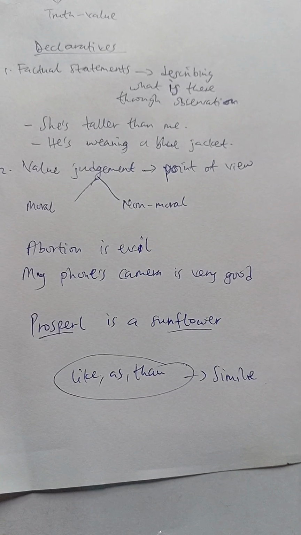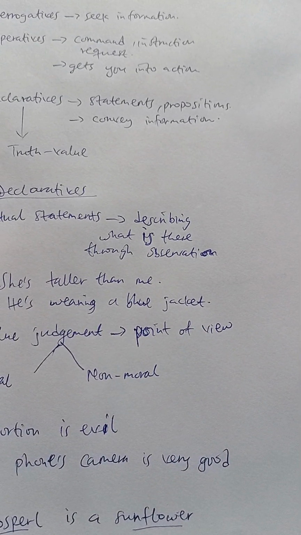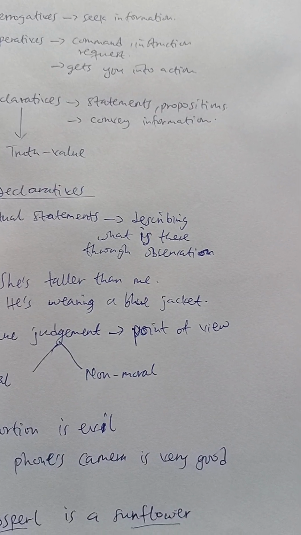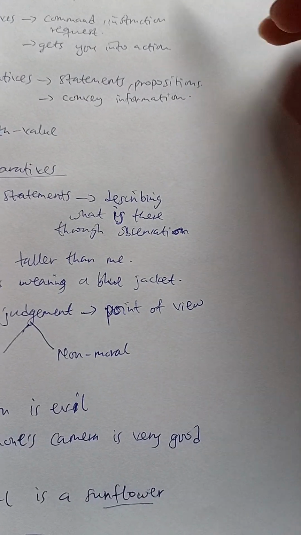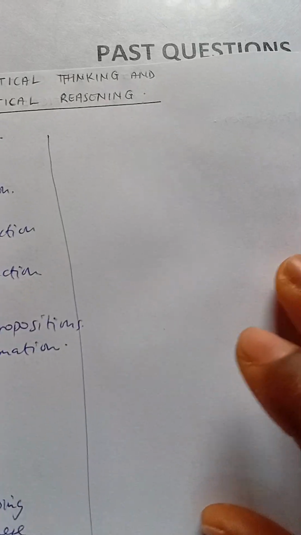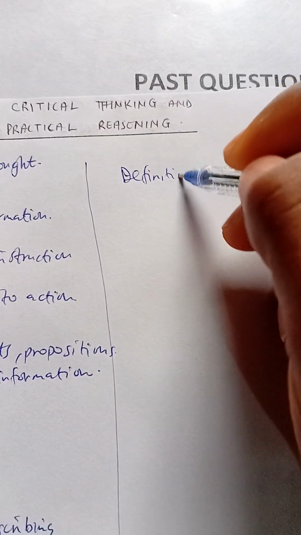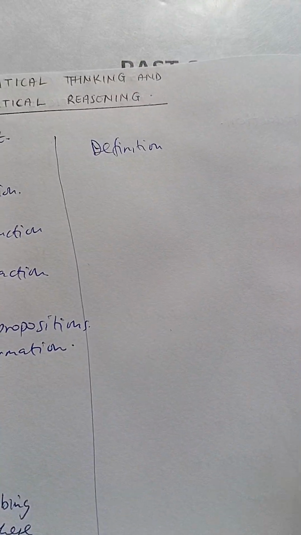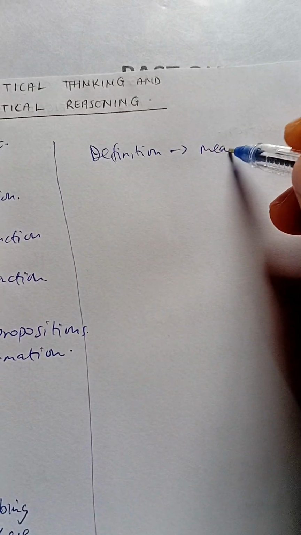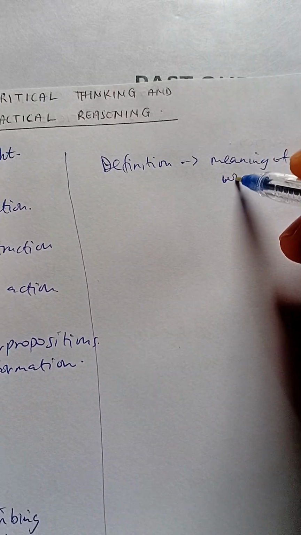Yes. Then the last part of this lesson, we're going to talk about definitions and the parts of a definition. So let's dive into that. A definition will basically explain the meaning of a word, right? So a definition is going to give you the meaning of a word.